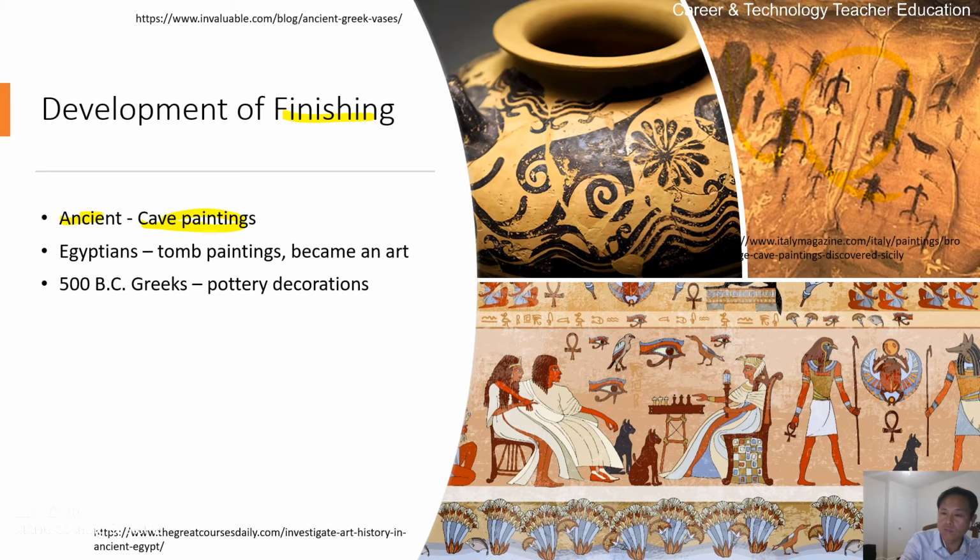That was to protect their wall as well as make the wall beautiful. So that's a kind of art. And then the Egyptians highly developed finishing like this. That became an art in terms of painting. And then in 500 BC the Greeks started pottery decorations. This is a pottery. To make the pottery last longer, they developed this finishing process.